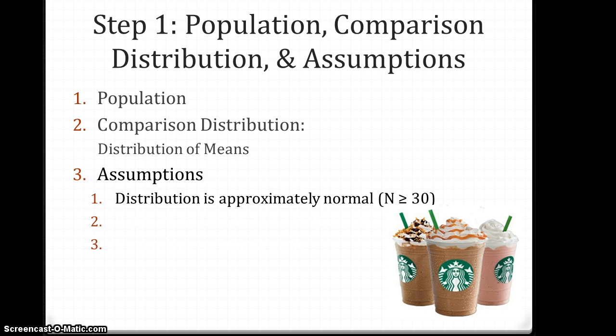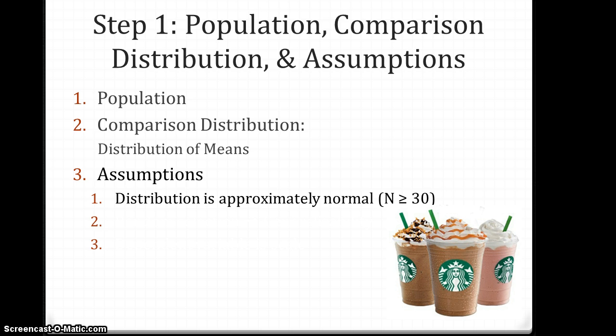And remember from the central limit theorem that even if the underlying distribution of scores is not normal, the distribution of means will approximate normality because we're sampling repeatedly and using the means of those samples to create the frequency distribution.